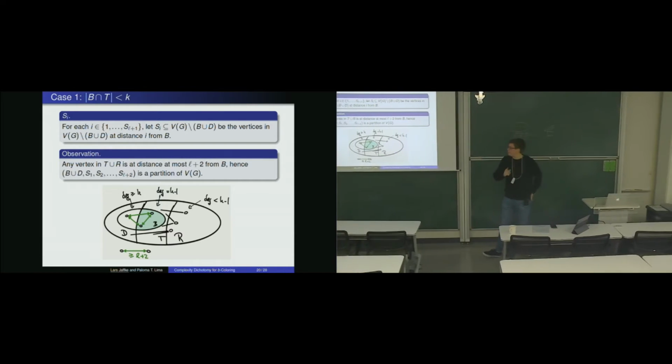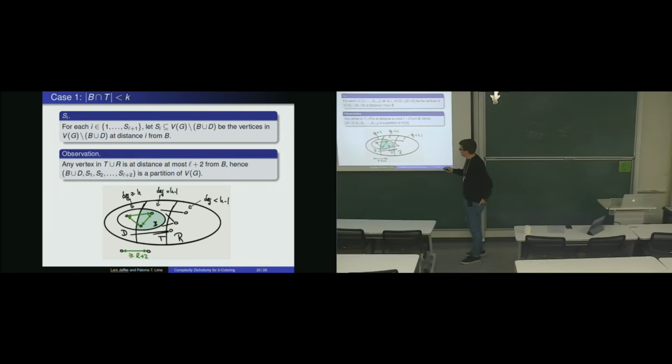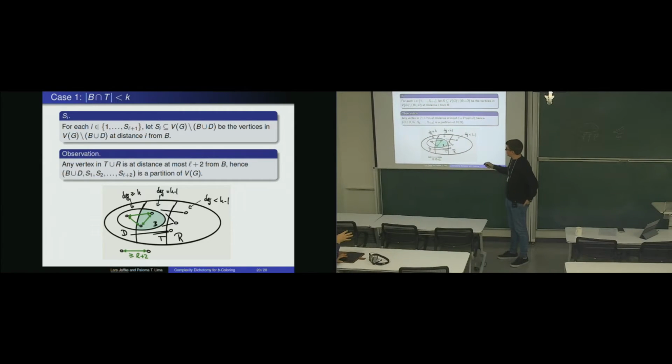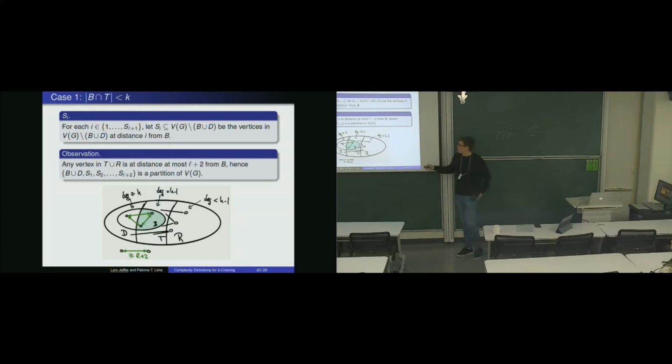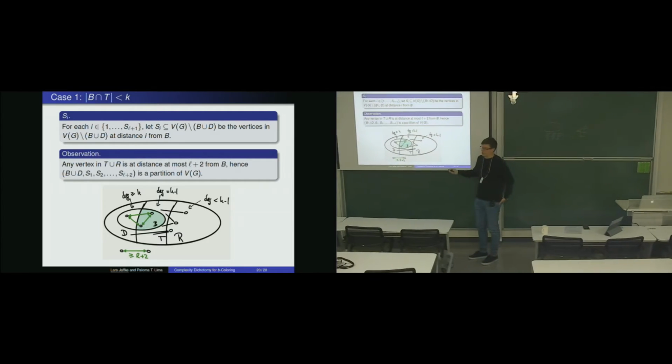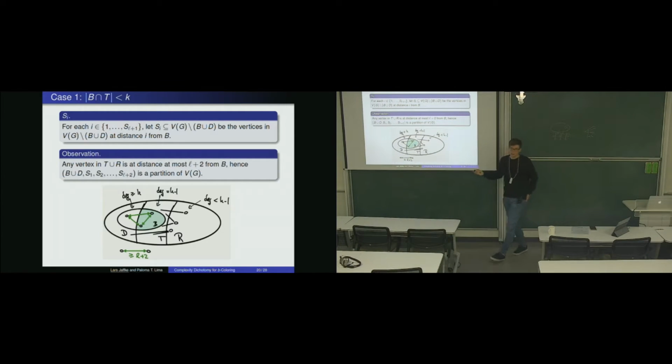And why is that? Well, in the beginning we have argued that, first of all, we don't have a vertex in D union T that is at distance L plus 2 or more. This is because we chose our set B to be inclusion-wise maximal.